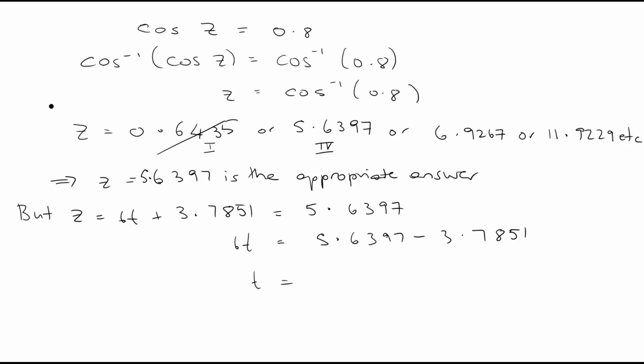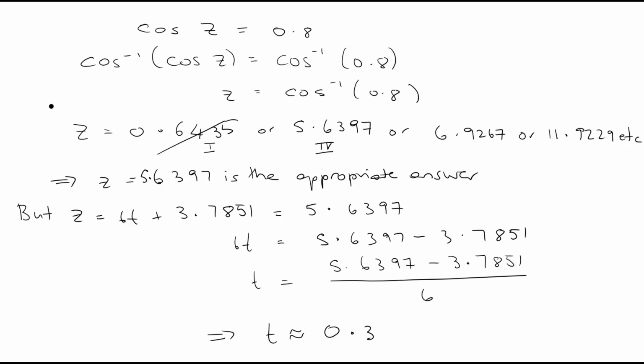So t will equal that. And if we use the calculator, it depends how accurate the question is asking you to be as to how many decimal places that you use.